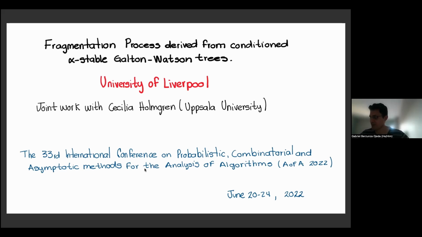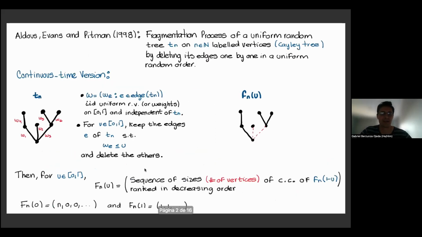But then we noticed we could say a little bit more than just study the sizes in the fixed setting. Okay.